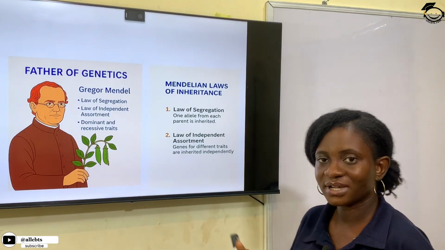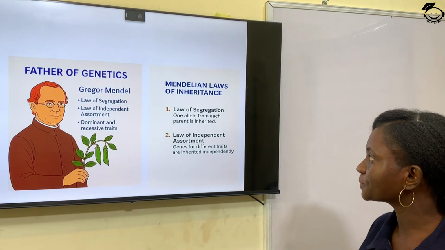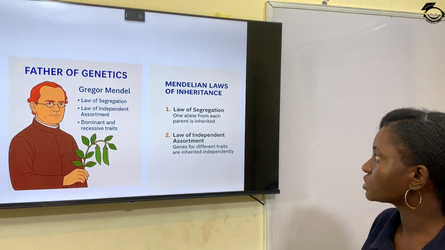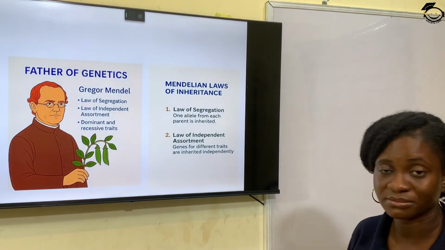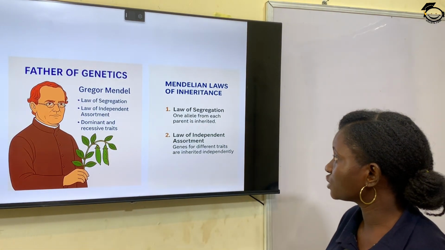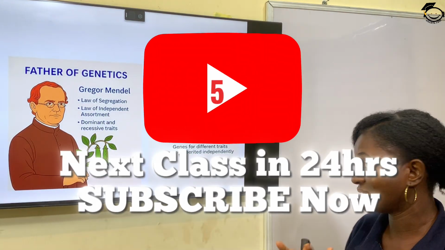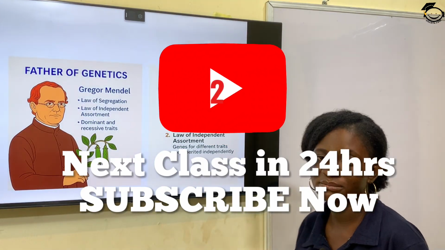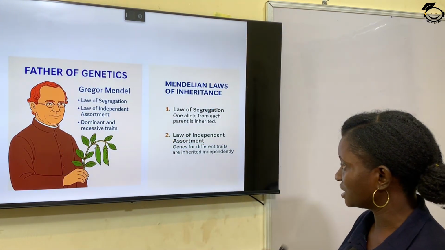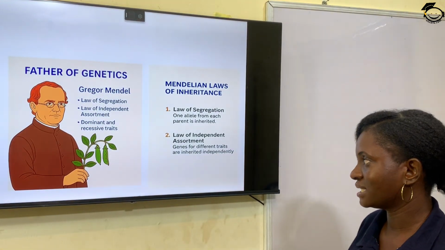He came up with two laws, which are the law of segregation and the law of independent assortment. The law of segregation means one allele from each parent is inherited, while the law of independent assortment means genes for different traits are inherited independently.